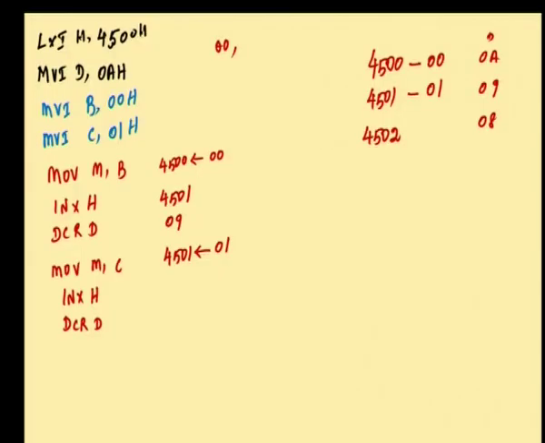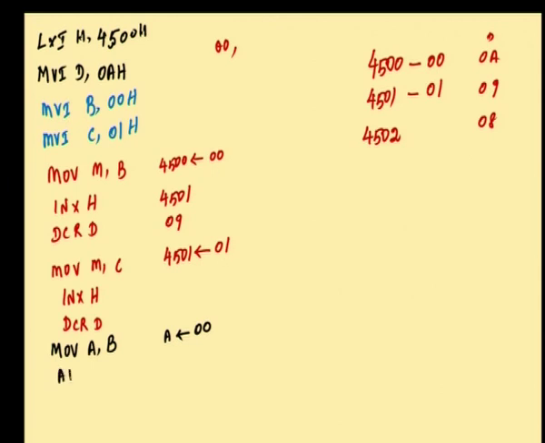So, I will add. The previous value I want to move to the accumulator: move A comma B. For the accumulator, the value 00 is moved. Then what I have to do? 00 should be added with 01, right.